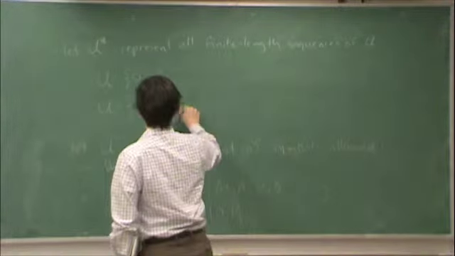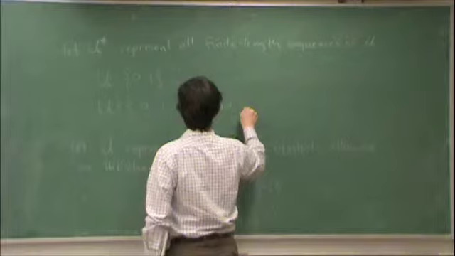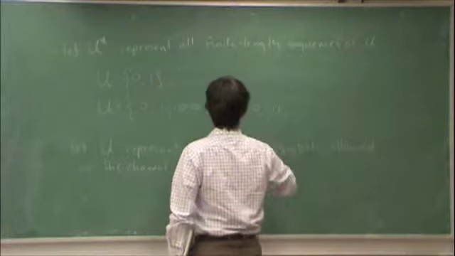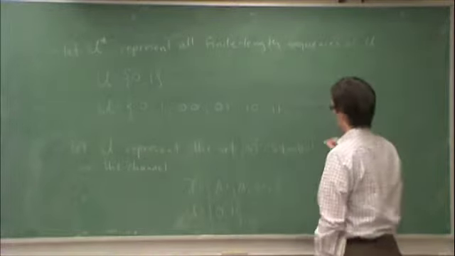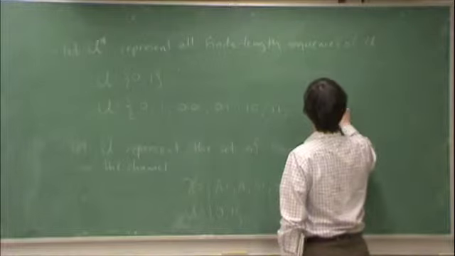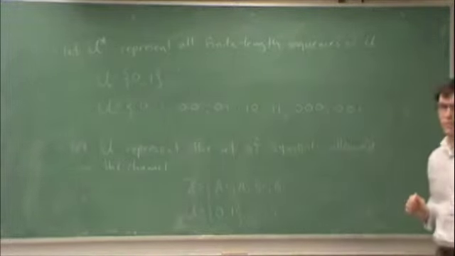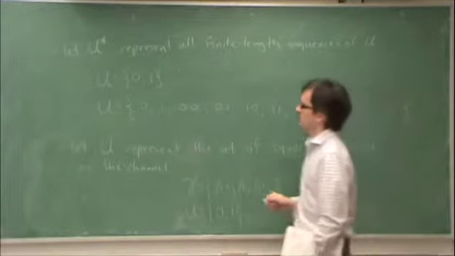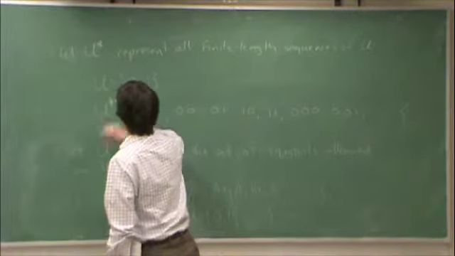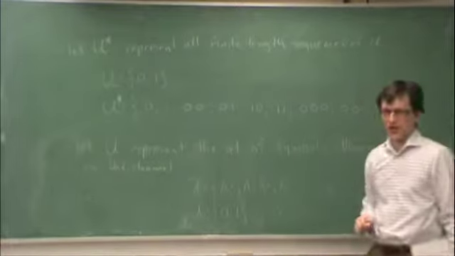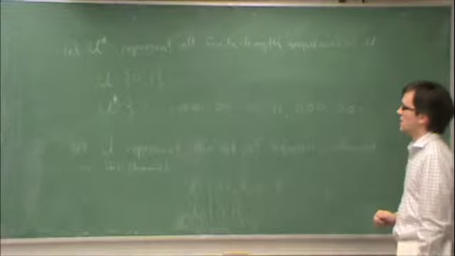The sequences of length 2 are these. Sequences of length 3, and so on and so forth. Anyway, you get the idea. So, U star is the set of all possible finite length sequences of U.